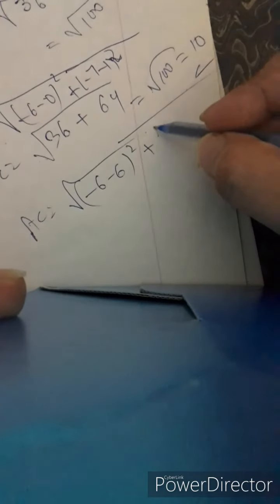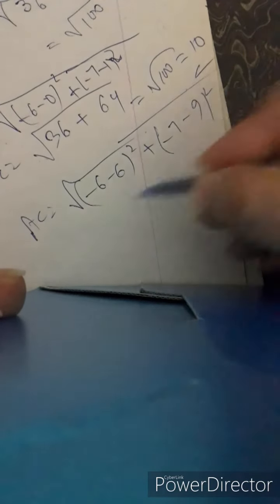AC becomes minus 6 whole square. I'll just write it, you know the formula very well: minus 6 whole square plus minus 7 minus 9 whole square.